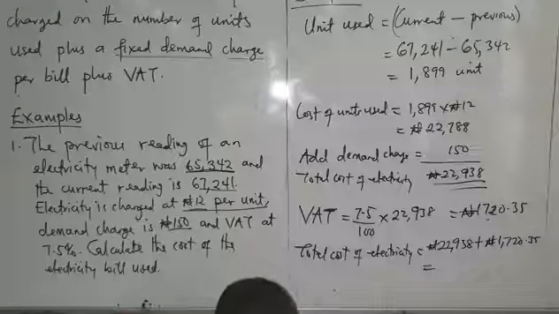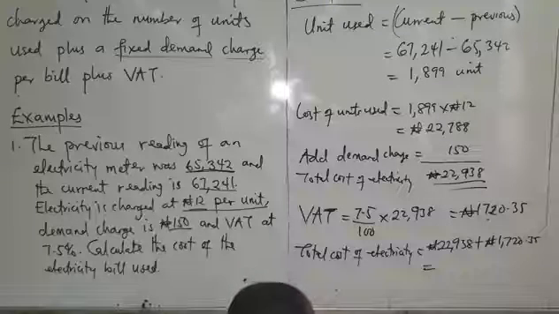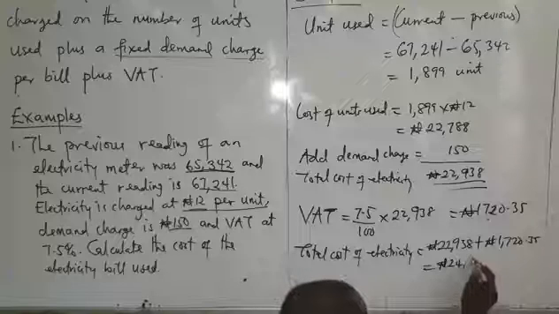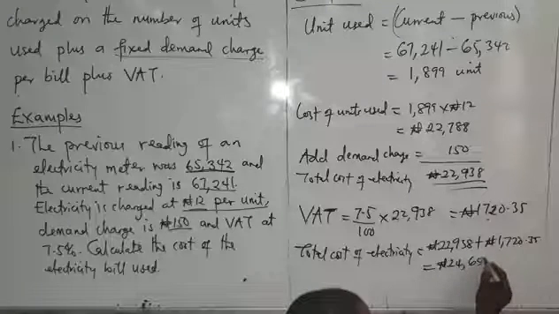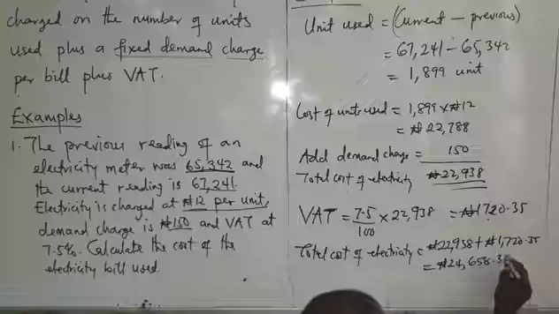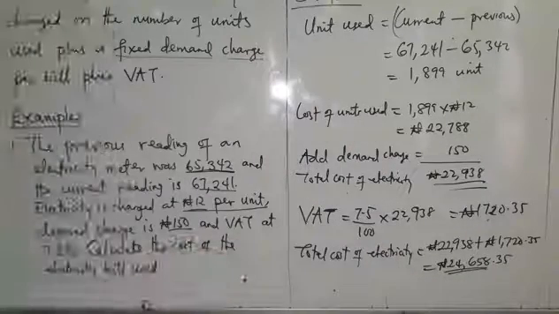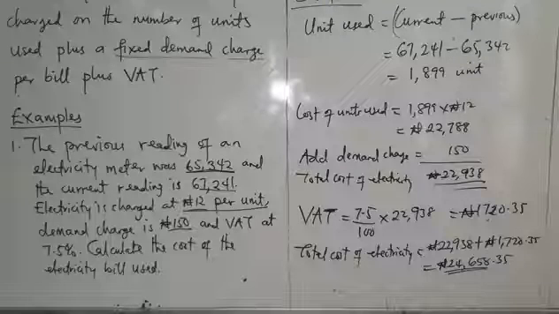We have 22,938 plus 1,720.35, which gives 24,658 naira 35 kobo. This is the total cost of electricity used, consumed by this customer.